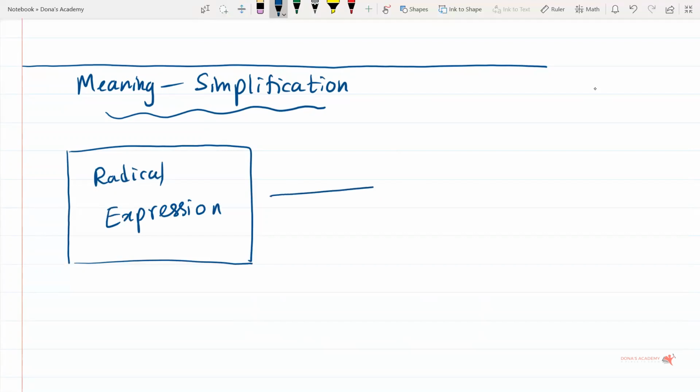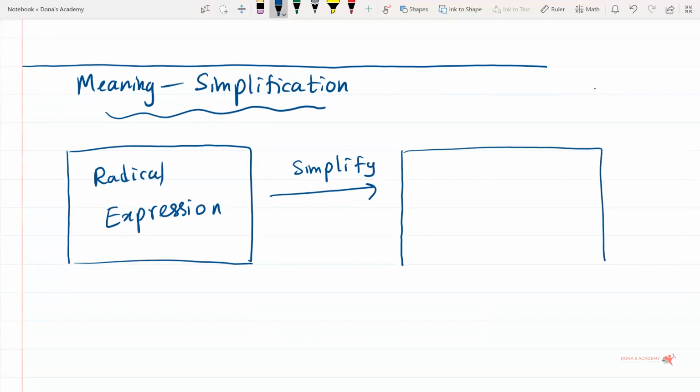Then after simplifying it, we should have another expression, and in this expression the radical pieces should satisfy a couple of conditions. Now what are the conditions?